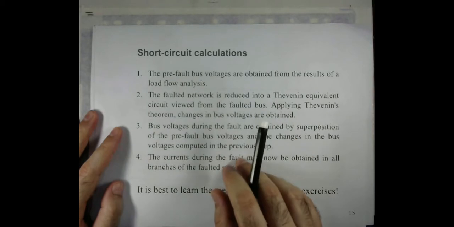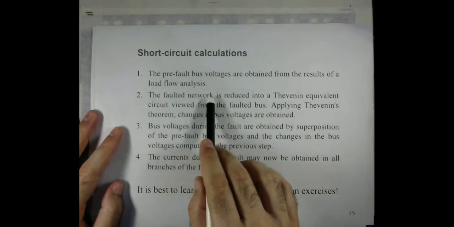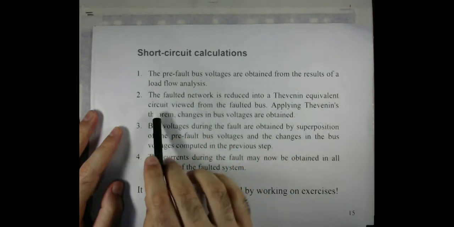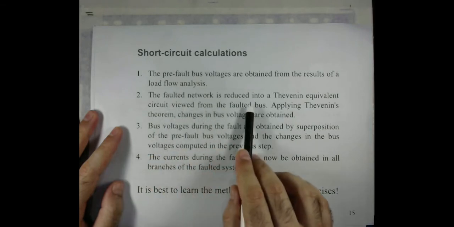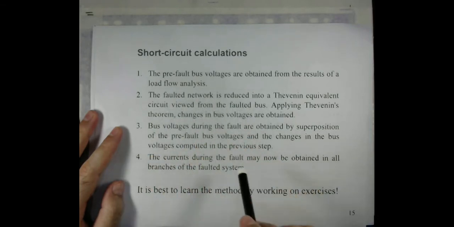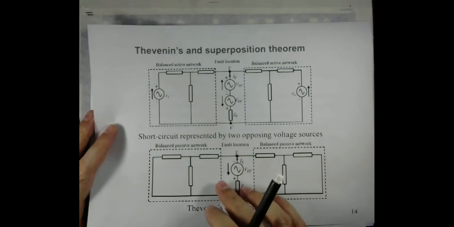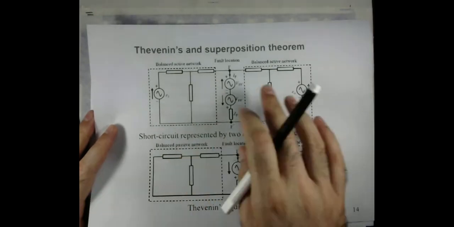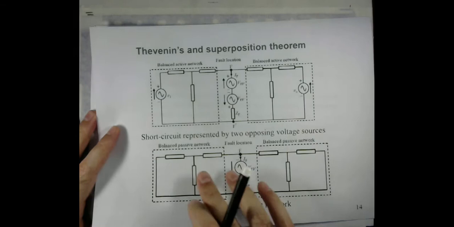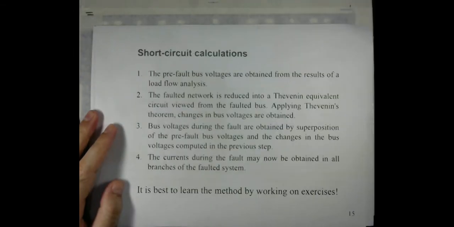Then the faulted network is reduced into a Thevenin equivalent circuit viewed from the faulted bus. So then we will get a Thevenin equivalent network where all the other sources are shorted, and this particular Thevenin voltage source is considered, and the others are shorted.